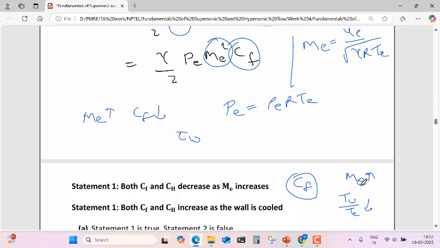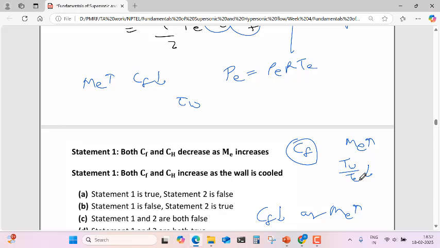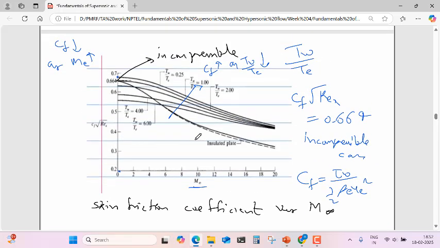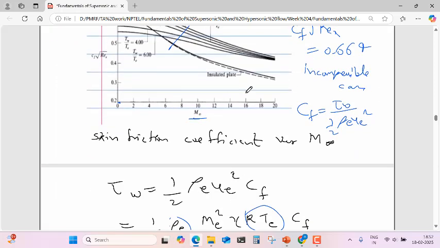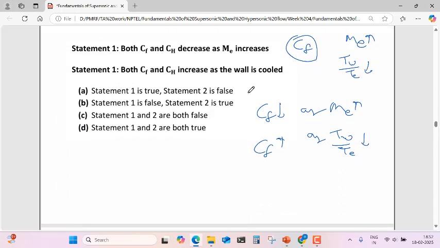And when wall temperature decreases, it means it is cooled, you can see that Cf is increasing. So Cf decreases as Mach number increases, and Cf increases when wall is cooled. For Cf it is true.